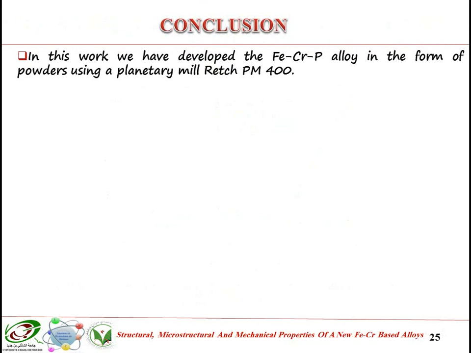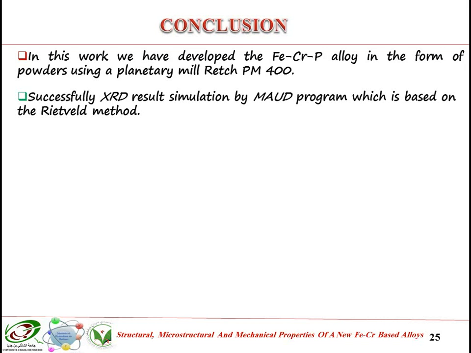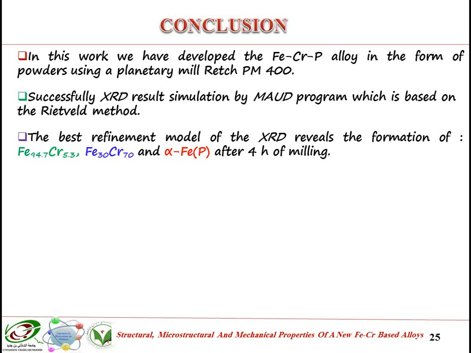In this work we have developed the iron chromium phosphorus alloy in the form of powders using a planetary mill PM 400 for handling. Successively, XRD result simulation by the MAUD program, which is based on the Rietveld method.